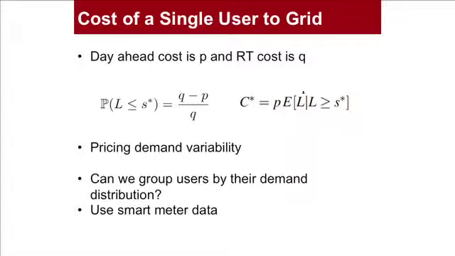The way to do that is you formulate a simple cost model. The cost is, I'm going to predict how much you consume and allocate that much at a certain cost. And whatever I cannot predict, I'm going to have to pay a higher cost. It turns out that your cost to the grid is going to be given by some expression, which has to do with the distribution of your power consumption instead of a single number.